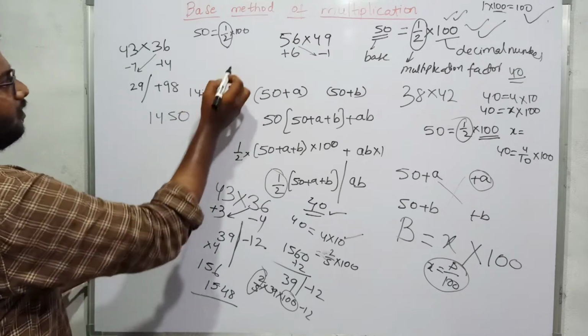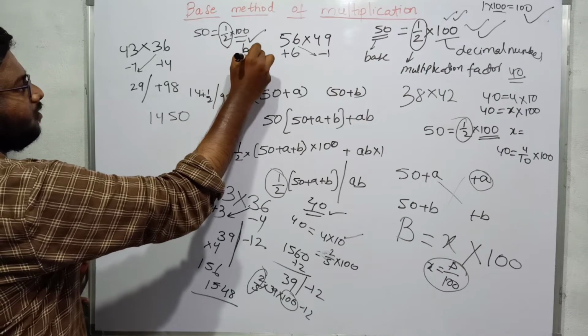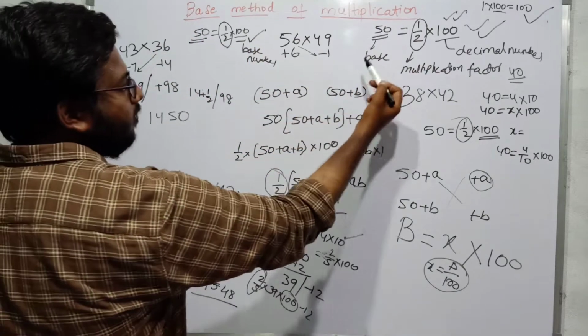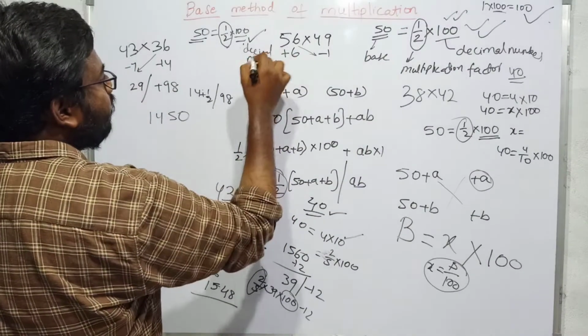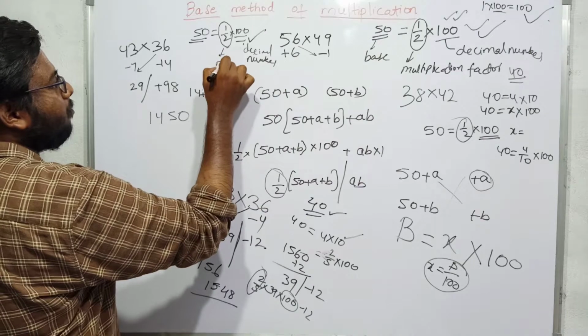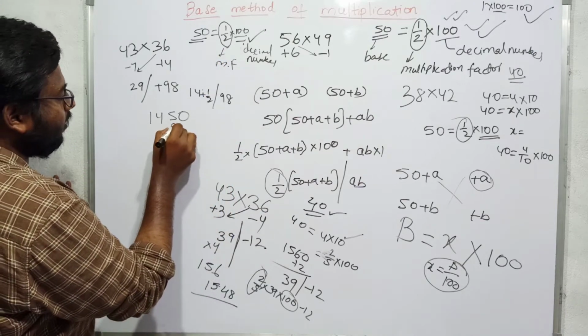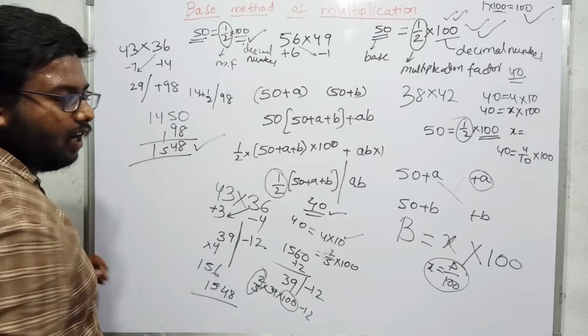Here what is before the slash is a multiple of 100, because this is calculated on base number 100. This is the base, this is the decimal number, and this is the multiplication factor. So 1450 plus 98 is 1548. Your answer will be the same.